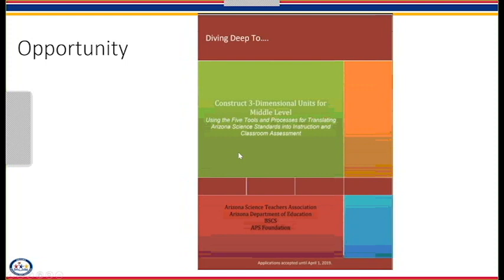There is also an opportunity that I would like to share with you, and it's for middle school teachers, 6th, 7th, and 8th, and we're going to be bringing AzSS to Arizona with a grant supplied by the APS Foundation, and we're going to have teachers in grade level groups create sample units for everyone in Arizona to use.